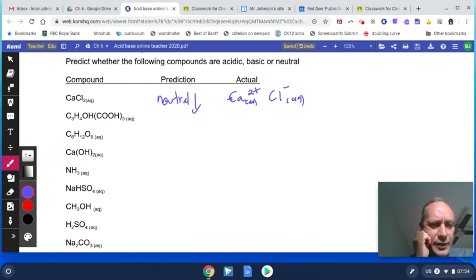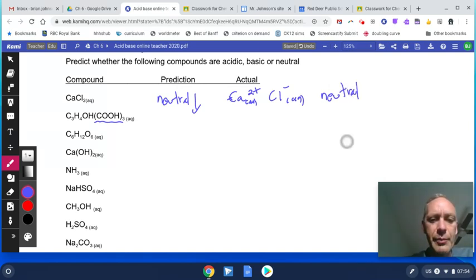Okay, this next one, CH3COOH. What did you predict it as? It is an acid. Why is it an acid?